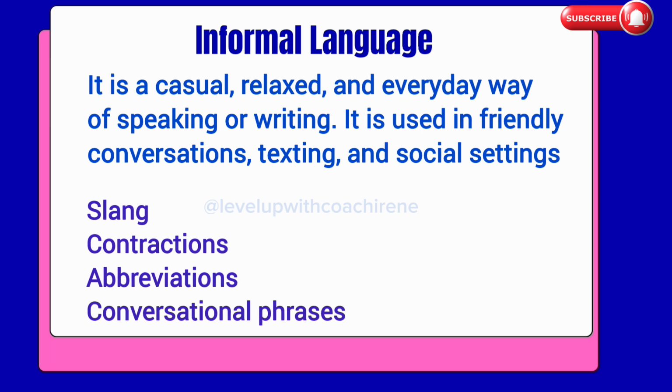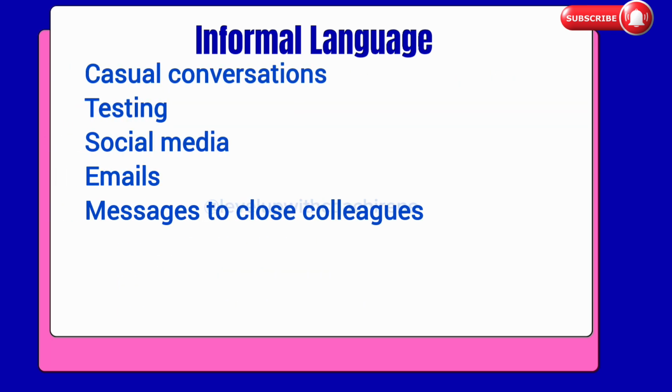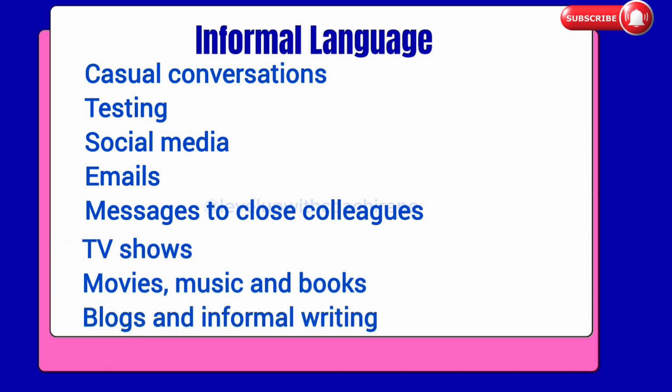Informal language can be used in casual conversations, texting, social media, emails, messages to close colleagues, TV shows, movies, music and books, blogs, and informal writing. Note that there are advantages and disadvantages of using informal writing, which we will be looking at later.